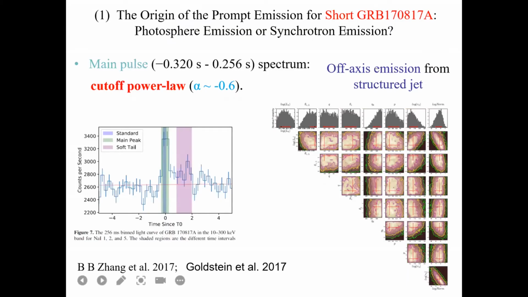In this work, for the short GRB 170817A, which is the first burst with joint detection of gravitational waves and a GRB, we find that its main spectrum, which is described by a power law, can be well fit by this probability photosphere model after reconsidering the off-axis emission from the structured jet. These off-axis properties are inferred from the gravitational wave and the light curve of the afterglow.